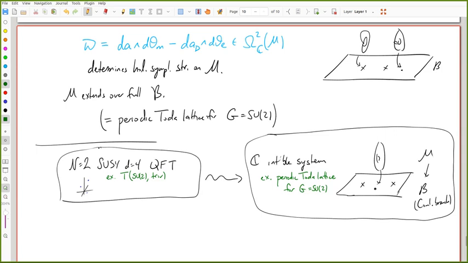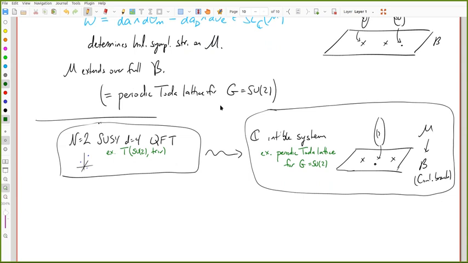The picture is that for any N=2 supersymmetric field theory, you're supposed to get a complex integrable system. In particular, we said this in words at various times, but let's spell it out carefully.